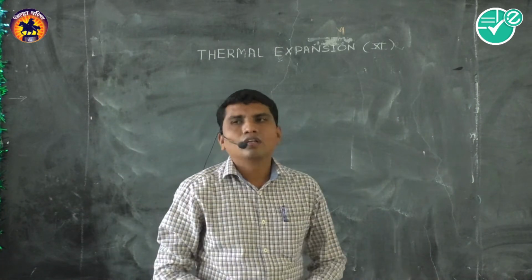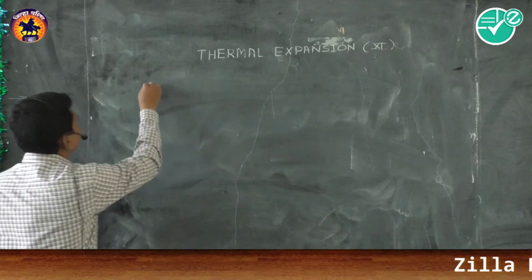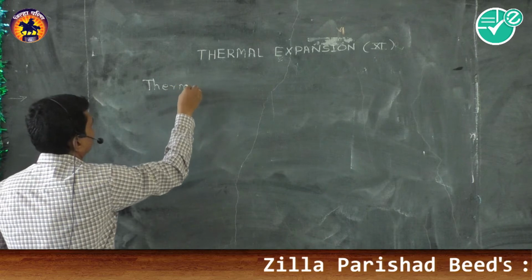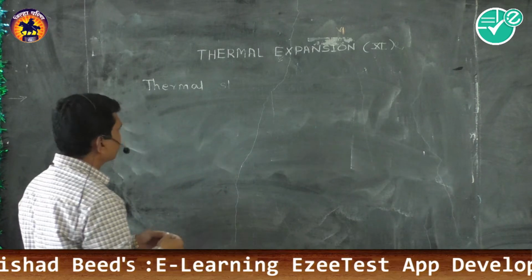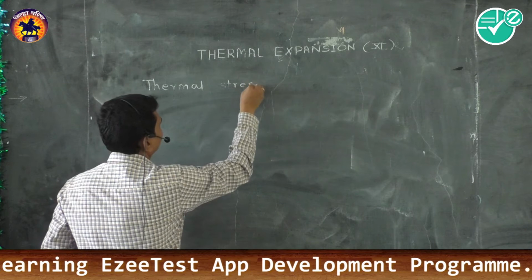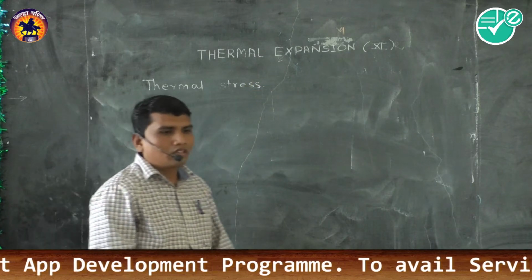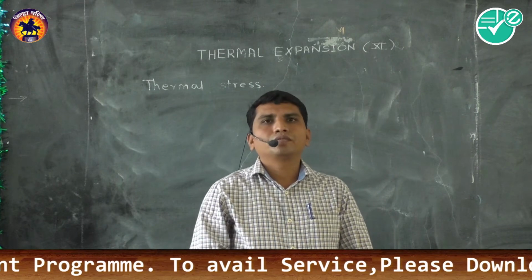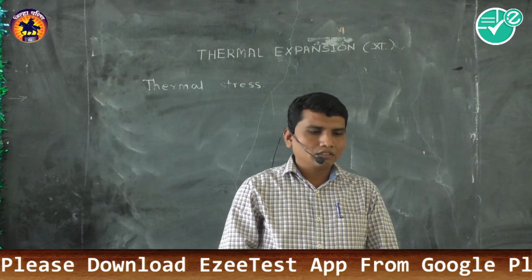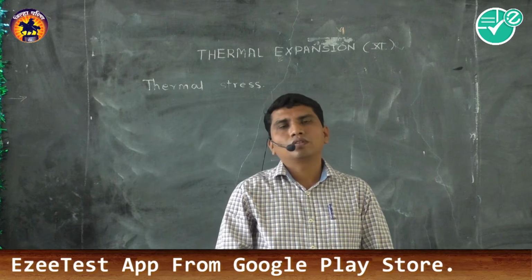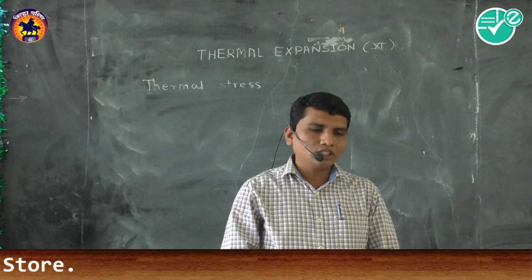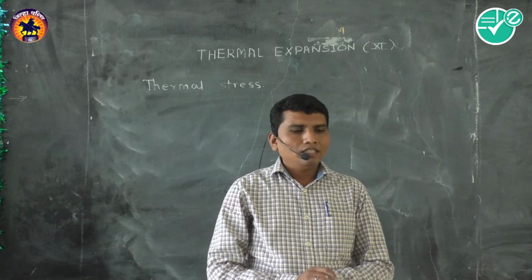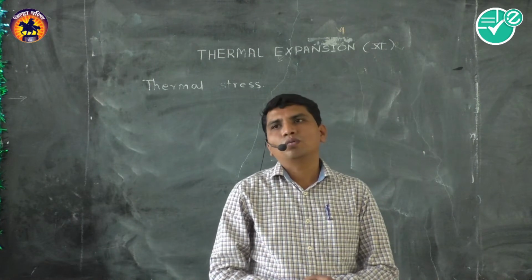Now let us study about thermal stress. If we consider a rod, if the rod is fixed between two rigid supports and its thermal expansion is prevented, what will happen?